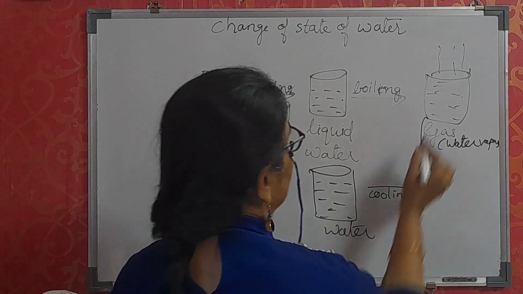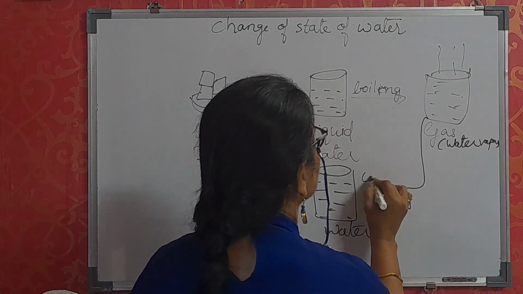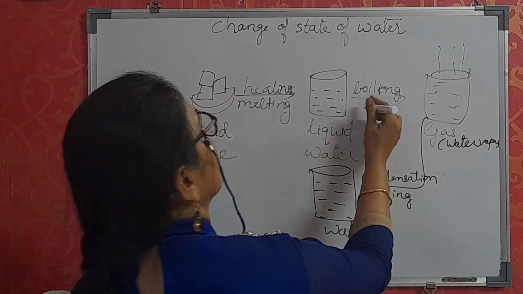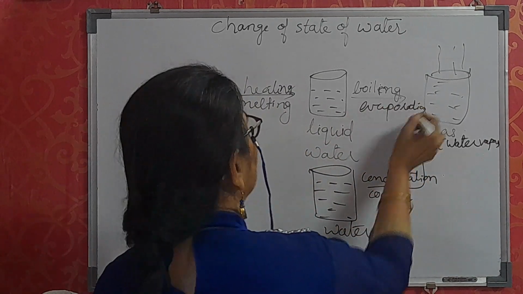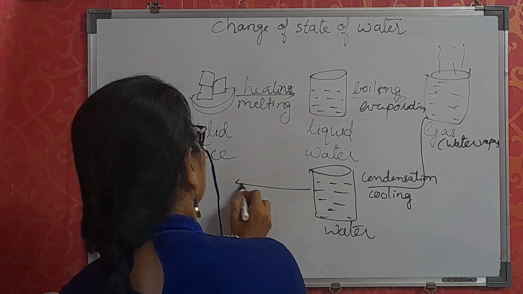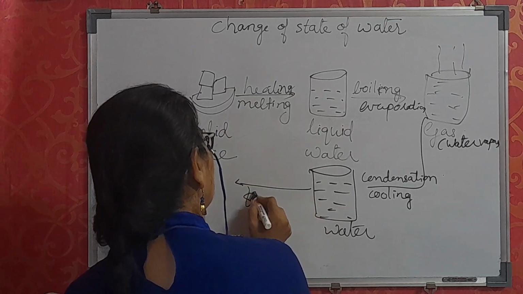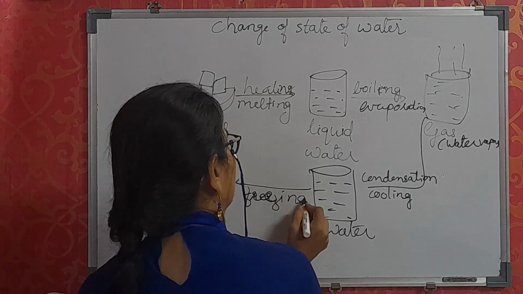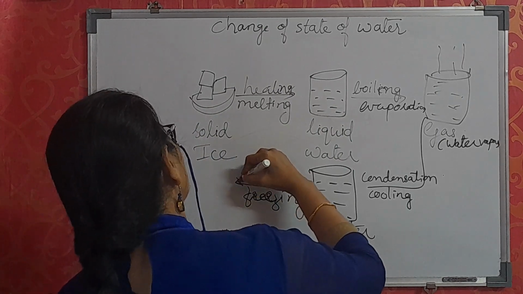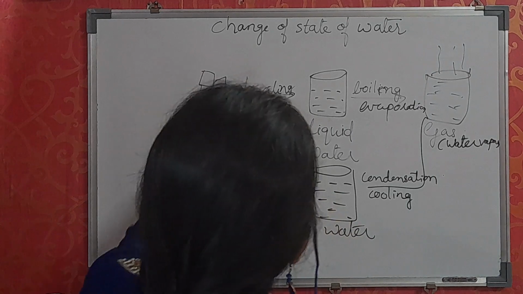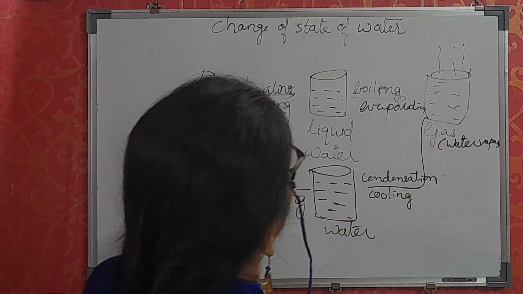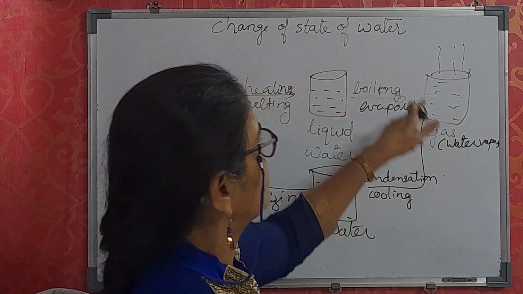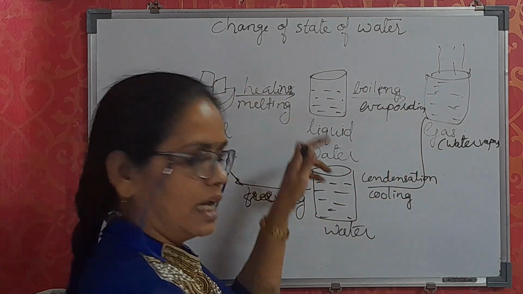This process is called condensation, and this process is called evaporation. Now if I keep the same water in the refrigerator, this process is called freezing. It will turn back to ice. So this is nothing but change of state of water which I have shown you, and this way I am explaining it with the help of a diagram.